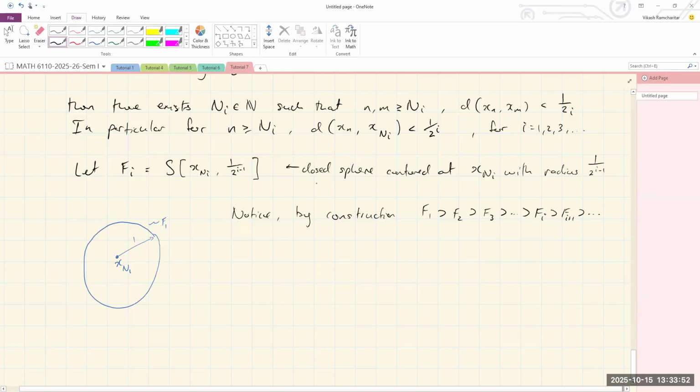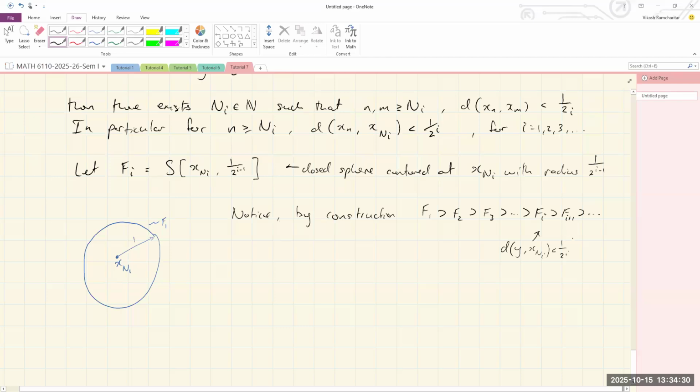And the reason for that is because if you think about it, if you take any point, let's say any y in this set, then what does it mean to be in this closed sphere? It means that the distance between y and x n I is less than 1 over 2 to the I.